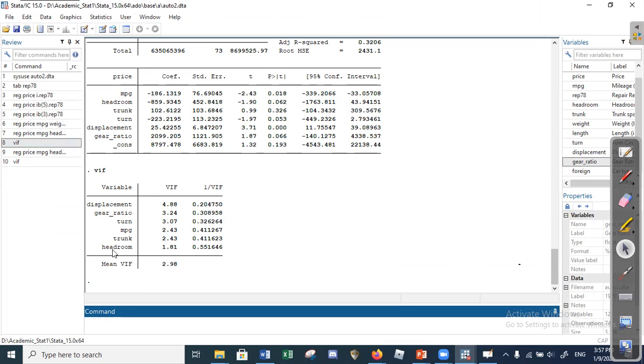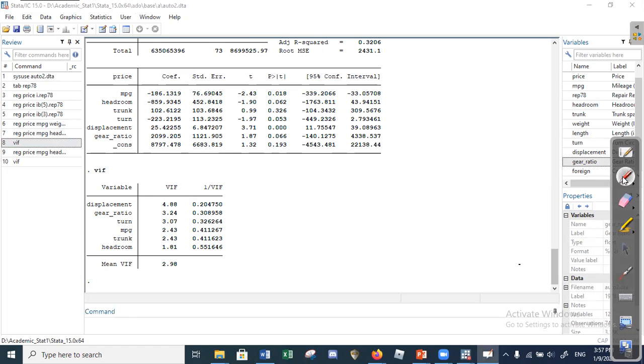All the VIF values are perfectly all right, which means none of them is more than 10. So one way would be that this model that you have fitted can be considered. But then you can also think of one more thing before you decide. You can also ask, is it necessary that I drop both?